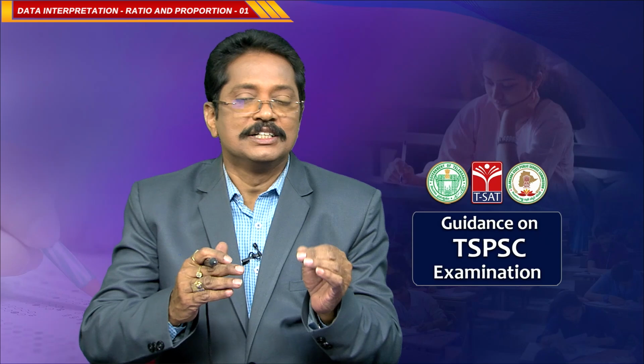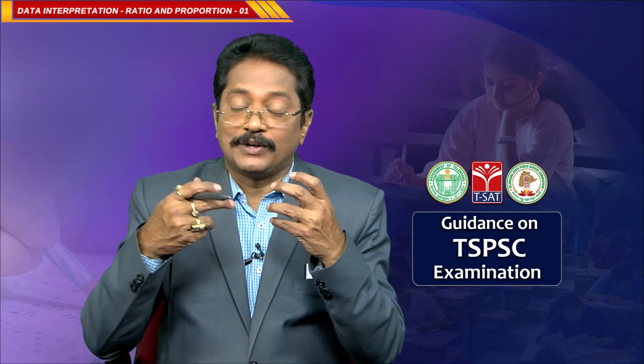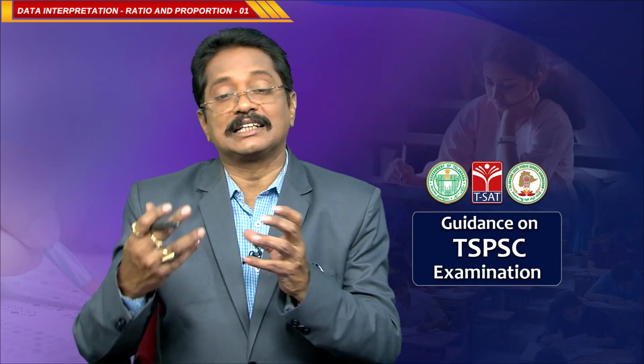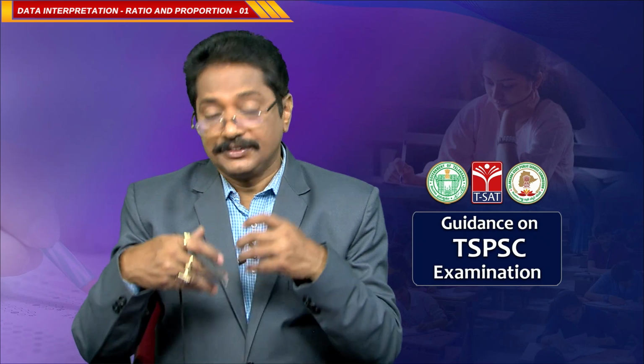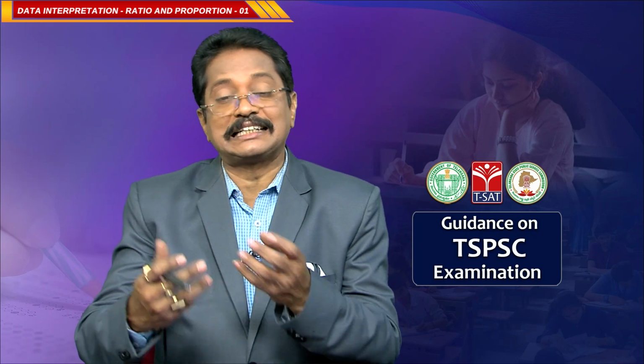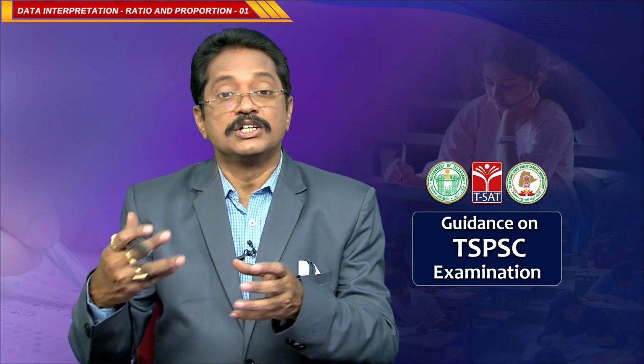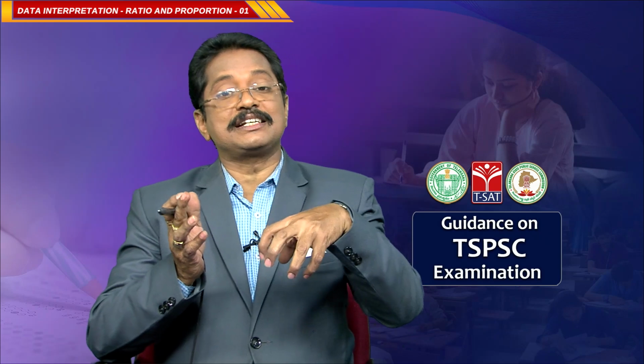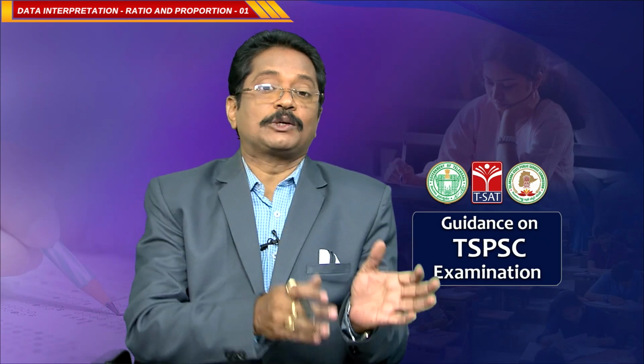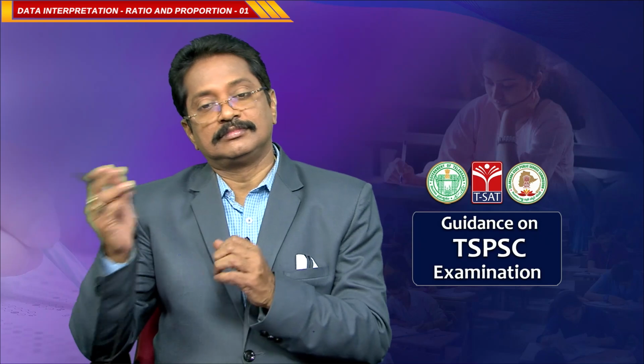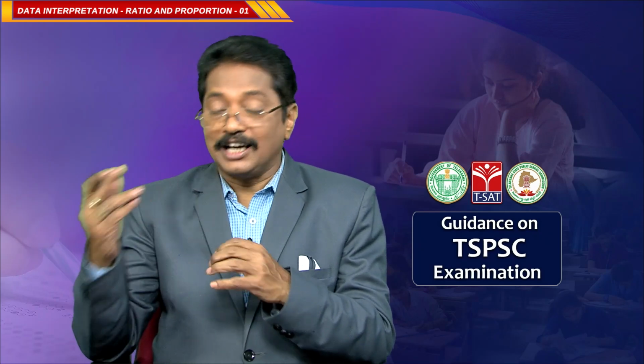Do you understand? So, here sometimes if one quantity increases, the other quantity decreases. If one quantity decreases, the other quantity increases. So, there is an inverse proportion between these two. If one quantity increases, the other quantity also increases.